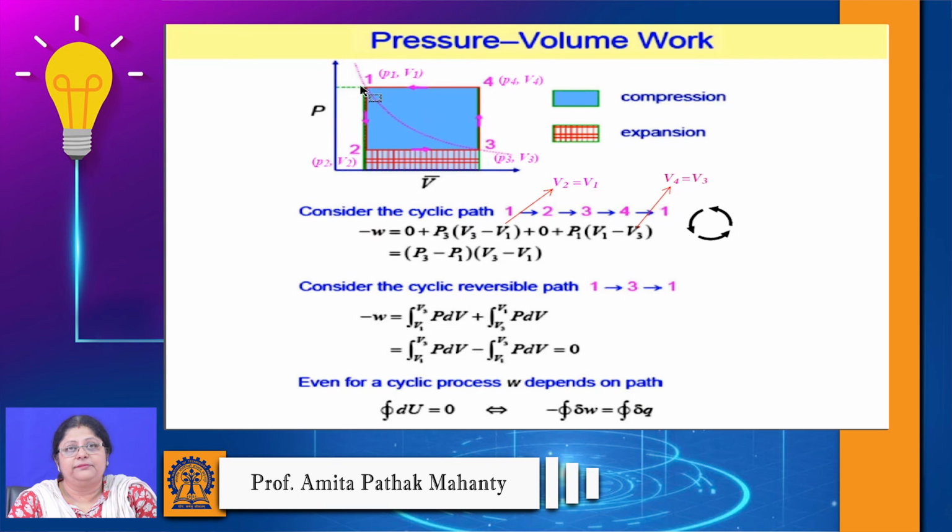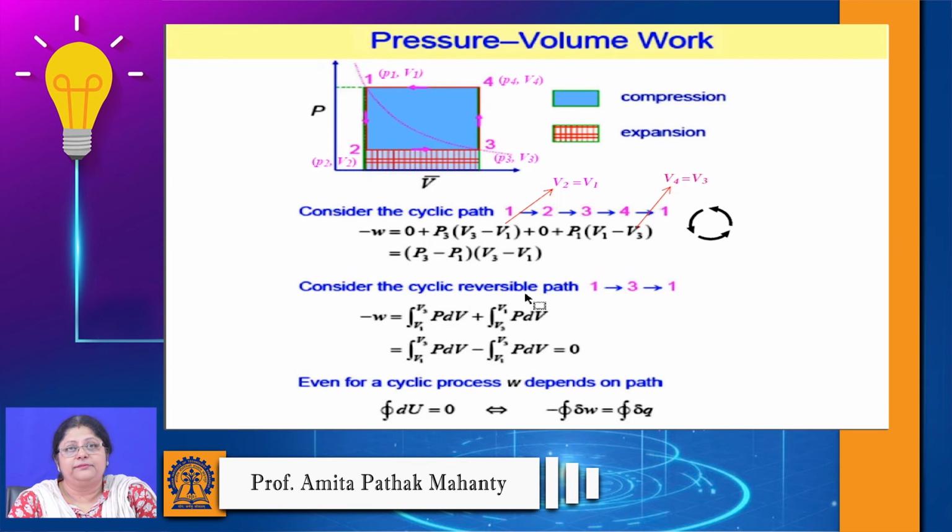And then again you have this process where the volume is decreasing, with final volume being V1 and initial volume being V4, and V4 is equal to V3, so we can write V3. So in the cyclic process, you can rearrange and you see P3 minus P1 into V3 minus V1 is the work done.